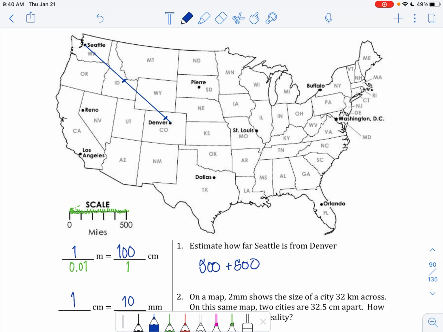For the first two, that takes us almost to Denver, but we still have this small piece left. And I'm going to estimate that. I can also add in these markers in between, since this whole thing is 500 and it's divided into 1, 2, 3, 4, 5 pieces. I know each of these segments is 100 miles, and that's approximately equal to what we have right here.